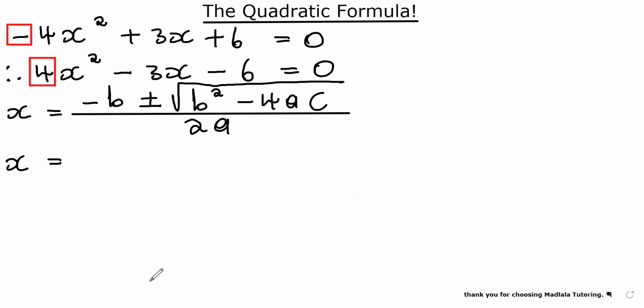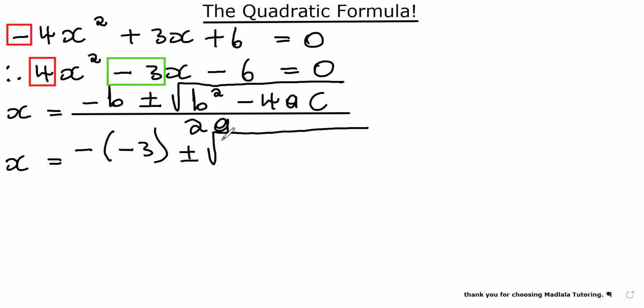Now here I want you to realize something. The value of b is now negative 3. And I want you to check. You have negative b in the formula, and you still have to open a bracket and substitute the value of b. Just because there's a negative here doesn't mean you should ignore the negative there, all right?